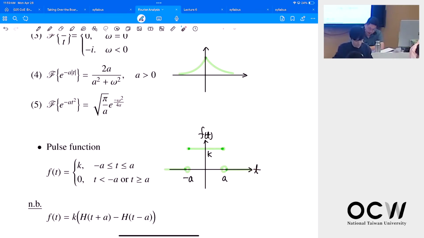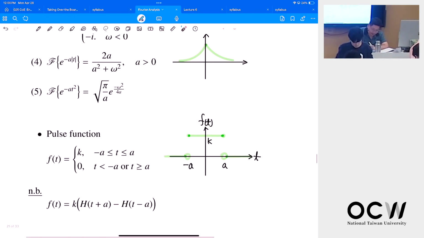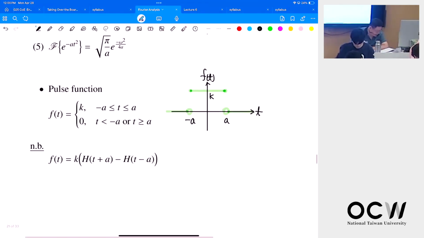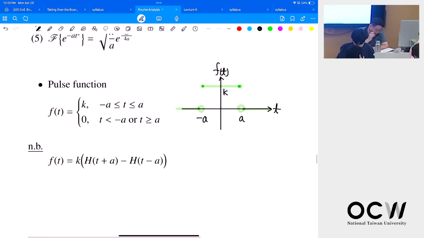So for this function, using the step function or Heaviside function to express that, in this case, k between minus a and a. And let's see the Fourier transform of the pulse function.